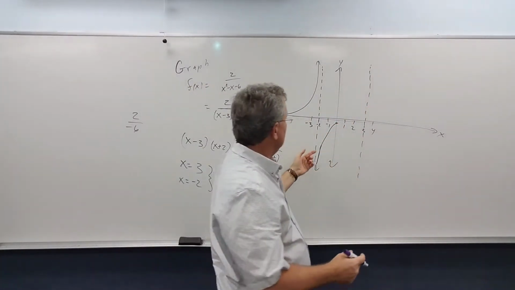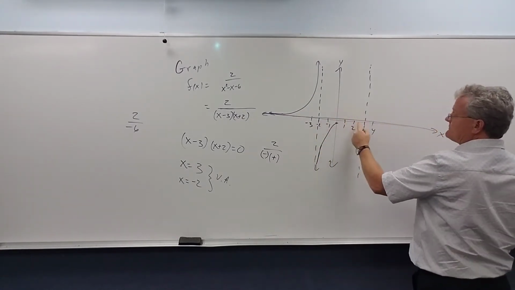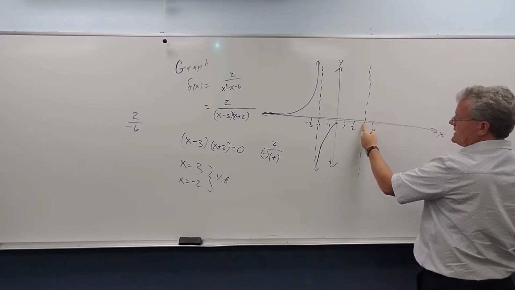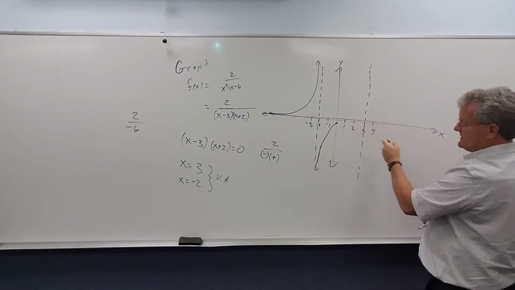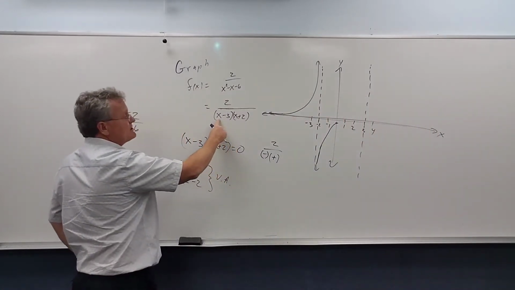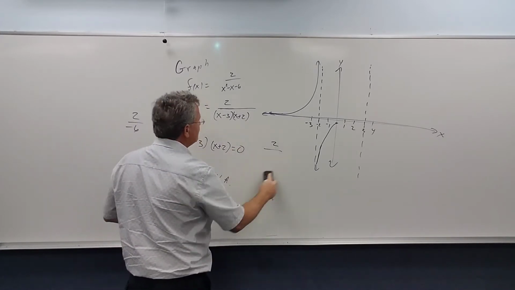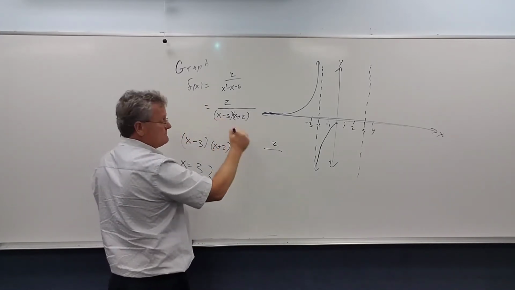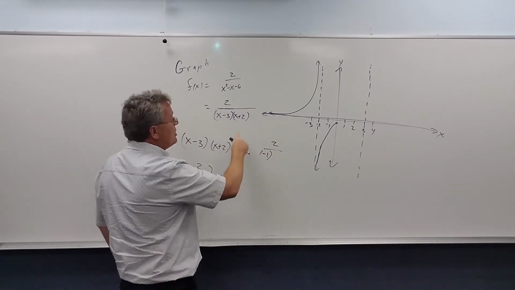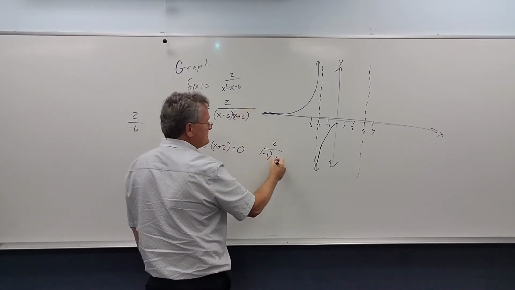Well, let's see what happens as we approach 3 from the left. For example, 2.9, 2.99, 2.999. So we're getting closer to 3 from the left. When I plug in 2.9 minus 3, we get a negative, getting close to 0. When I plug in 2.9 here plus 2, that's just a positive.